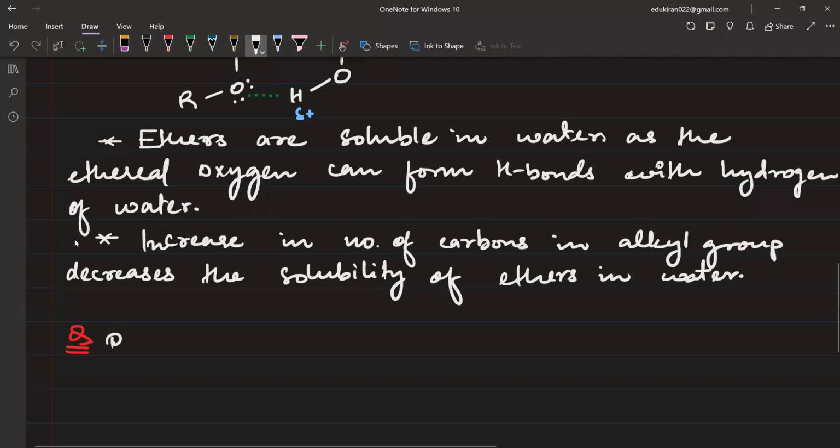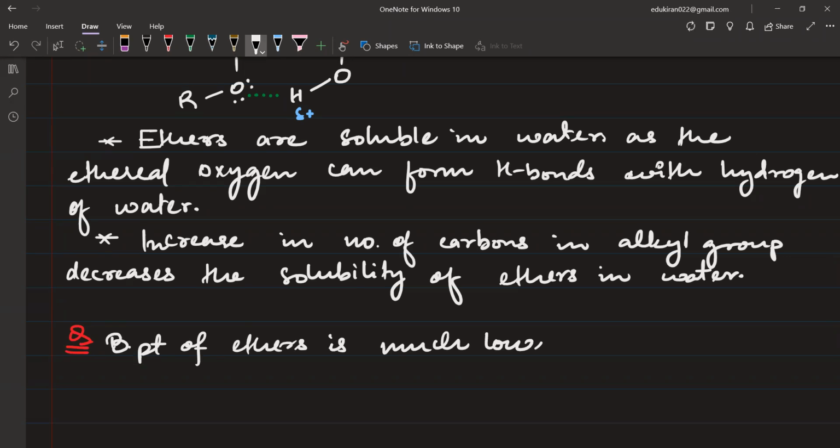Boiling point of ethers is much lower than that of alcohols.